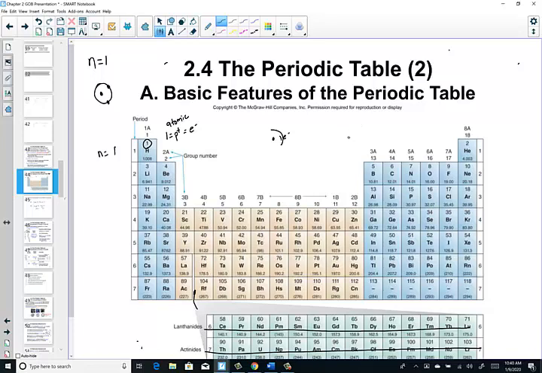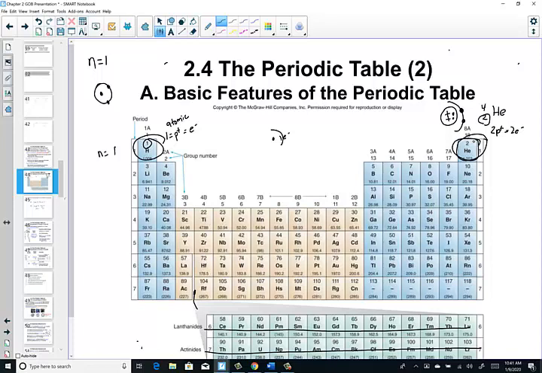There is a second element in that first row as well. It's helium. Helium, we discovered, has 2 positive protons in the nucleus and 2 neutrons, giving me a mass number of 4. And it would have 2 electrons because 2 protons must match the number of electrons. So at most, there are 2 electrons in the first energy level.